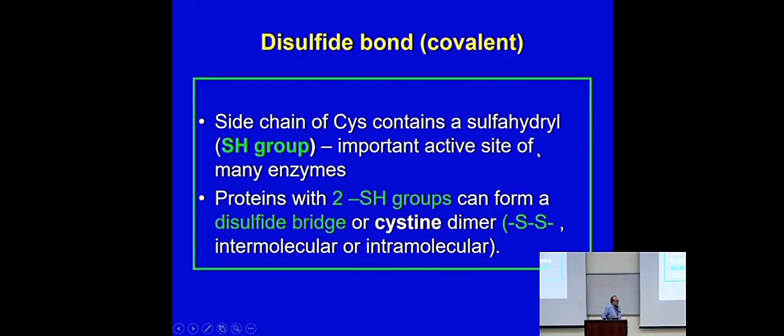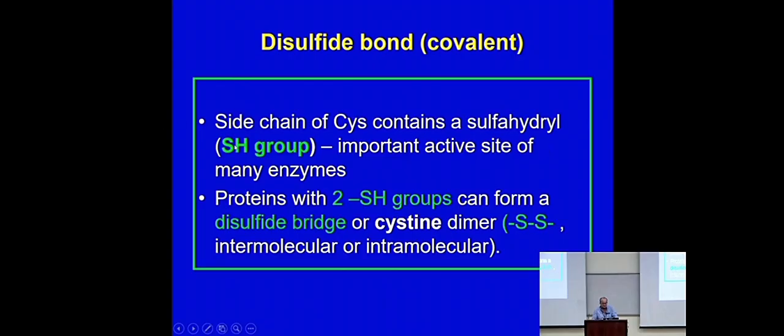And then I'll end with the disulfide bond. We said cysteine contains a sulfhydryl group, this SH group. It's a very important amino acid, by the way, in terms of catalysis, enzyme active sites, and so on.